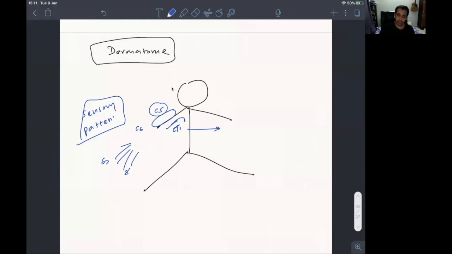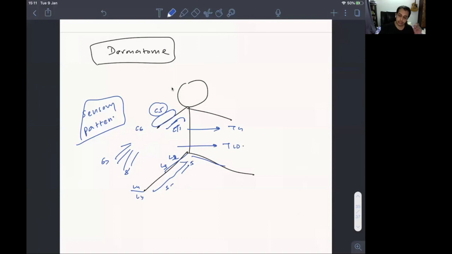The area of the nipple, that is T4. The area of the umbilicus is T10. Now in your legs, the anterior part of your legs, you have your lumbar structures L2, L3. In your foot, you have L4, L5, and then at the back of the leg, you have your S1 to S5. Now S2, S3, S4, S5 is around your perianal area.